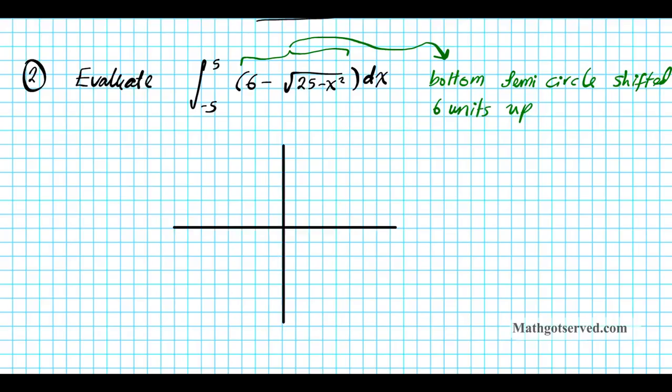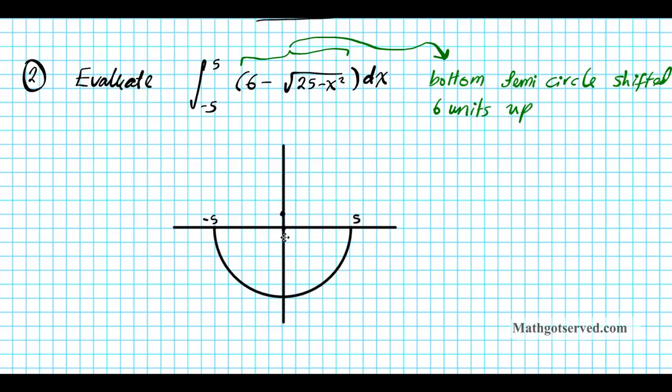Like that. So there you have the semicircle, and it goes from -5 all the way to 5, centered at the origin, but we're going to shift it 6 units up. So it's going to go 1, 2, 3, 4, 5, 6.